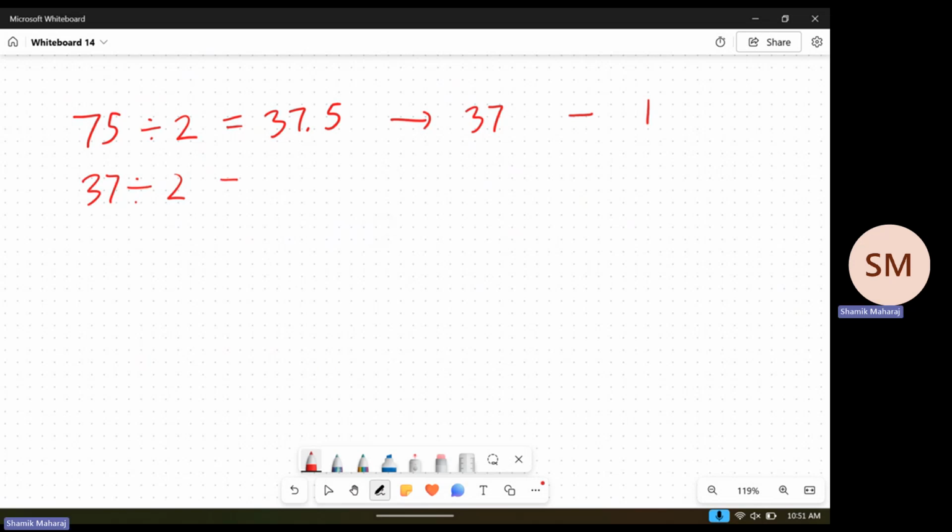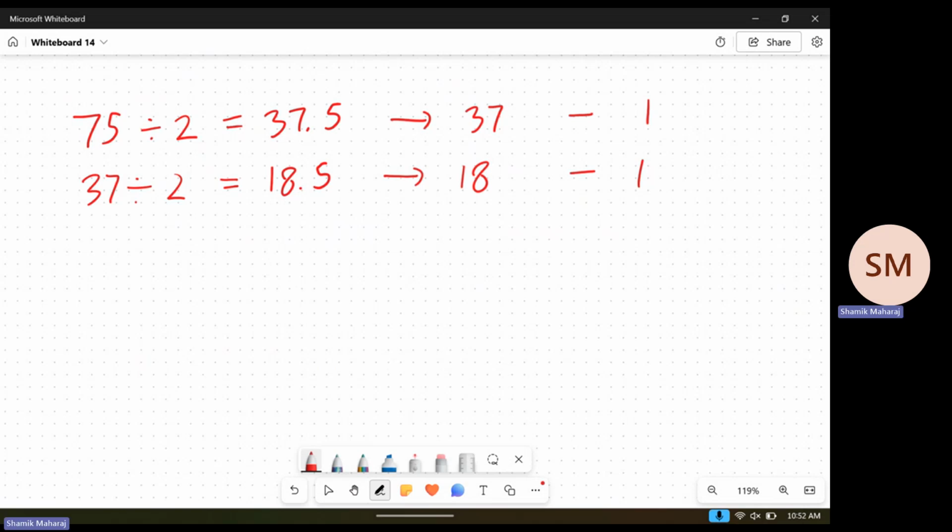18.5. That's 18.5. So we write this as 18 remainder 1. I don't like using the word remainder because it's not really a remainder, but this is not 18, so if there's any remainder at all, we write remainder 1. The 0.5 means there's some remainder.